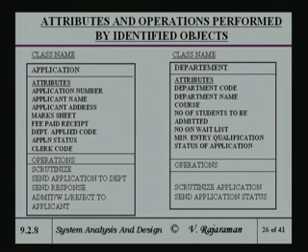Okay. So the response to the applicant is admit, wait list, or reject, and the scrutinization is done by the clerk, and sending the application to the department, the clerk does that. So the attributes of application: application number, because you normally assign a number, as I said, applicant name, applicant address, mark sheet, fee paid receipt, department applied code, and application status, admitted or not admitted, because it will become a permanent record later on.